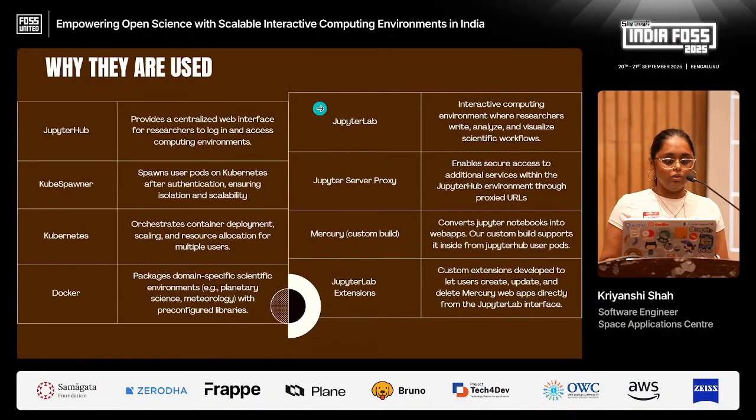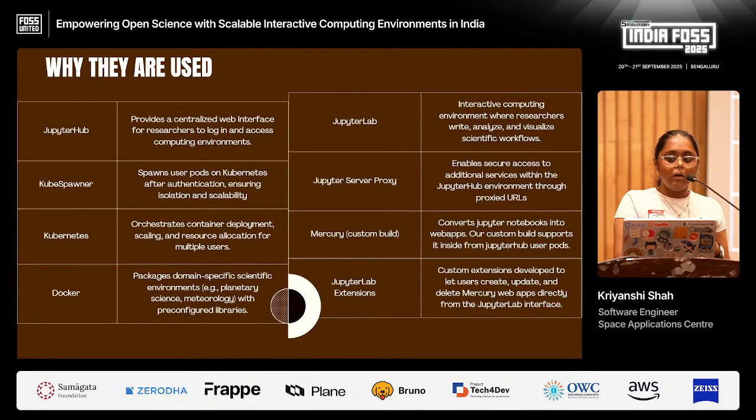So why are they used? JupyterHub provides a centralized web interface for researchers to log in and access computing environments. KubeSpawner spawns user pods in Kubernetes after authentication, ensuring isolation and scalability. Kubernetes orchestrates container deployment, scaling, and resource allocation for multiple users. Docker packages domain-specific scientific environments.